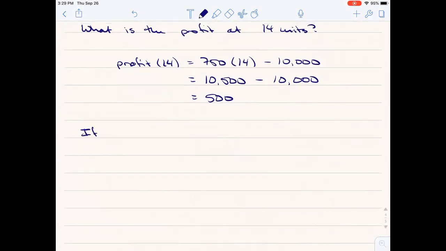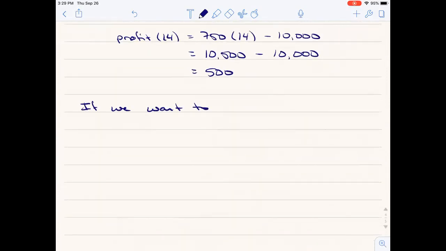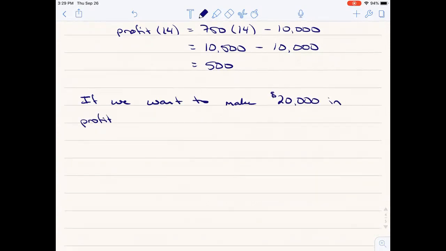So if we want to make $20,000 in profit, how many units do we need to sell?